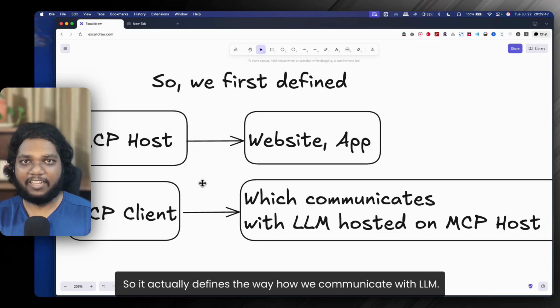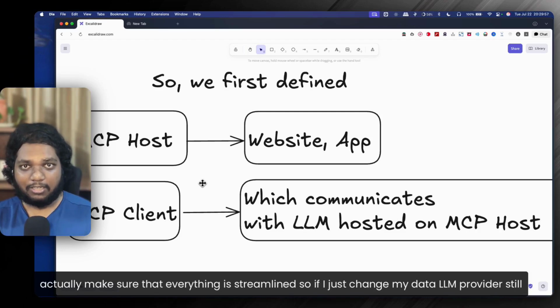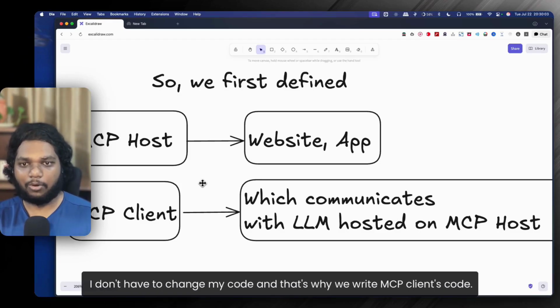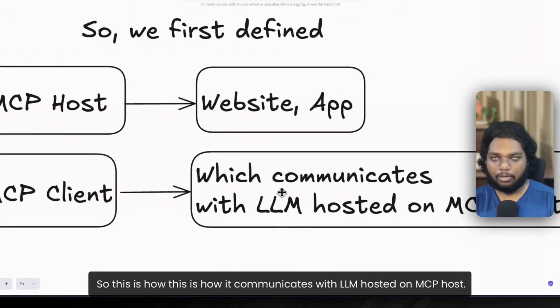It actually defines the way we communicate with the LLM. Right now, OpenAI has different documentation, Claude has different documentation, but the MCP client makes sure that everything is streamlined. So if I just change my LLM provider, I still don't have to change my code, and that's why we write the MCP client's code. This is how it communicates with the LLM hosted on the MCP host.